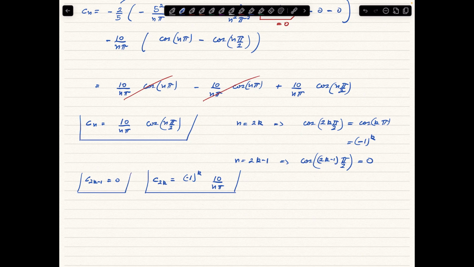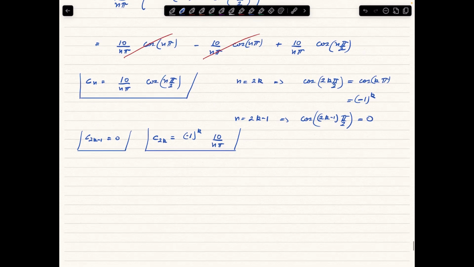It's important to put this simplification so the final formula is simpler, because now what we get is that the temperature as function of time and position is going to be the equilibrium solution 2 plus x plus the sum for all n, but half the n are 0 and the other half are different from 0, so we are going to call them k from 1 to infinity, and these are the only coefficients that are non-zero.